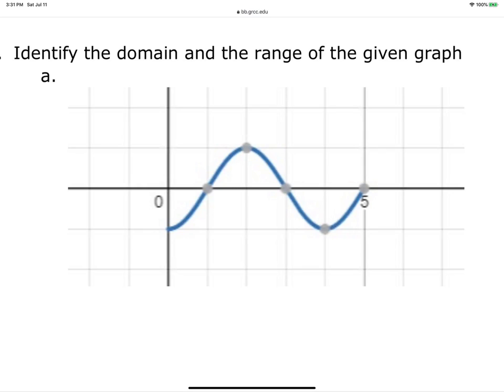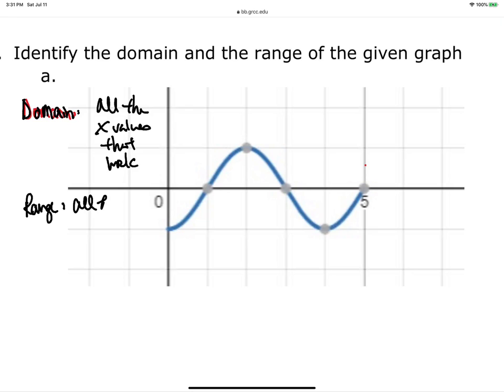Okay, identify the domain and range of the given graph. So in this case, again, we said domain. Right, so domain in this case is all the x values that work. And range is all the y values that work.